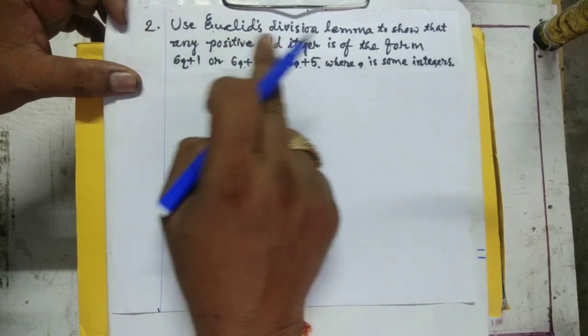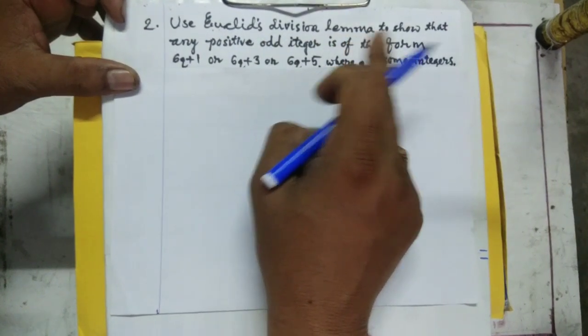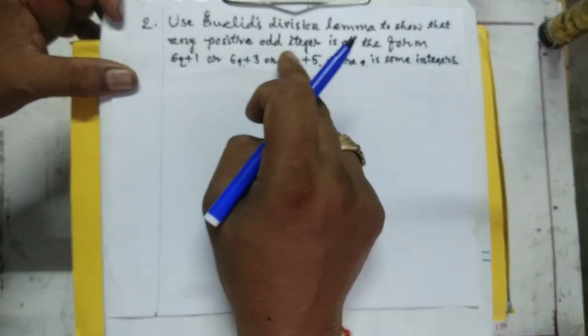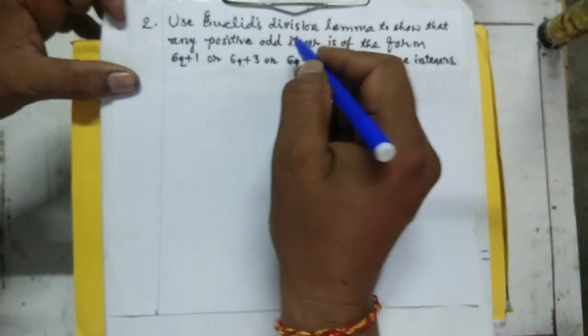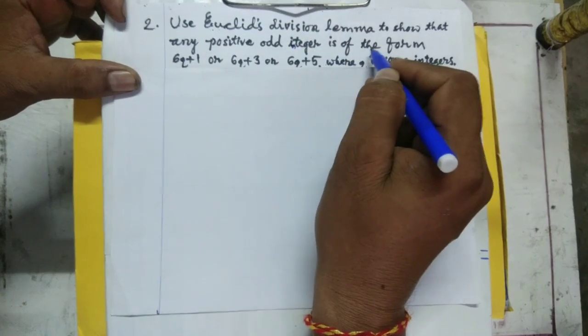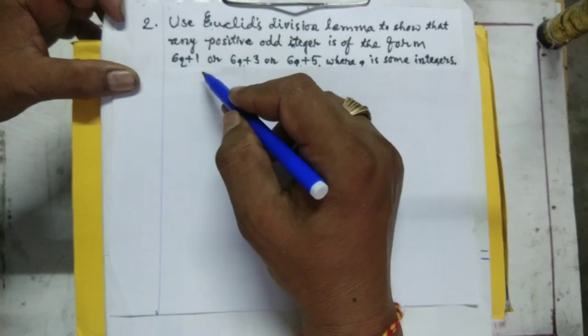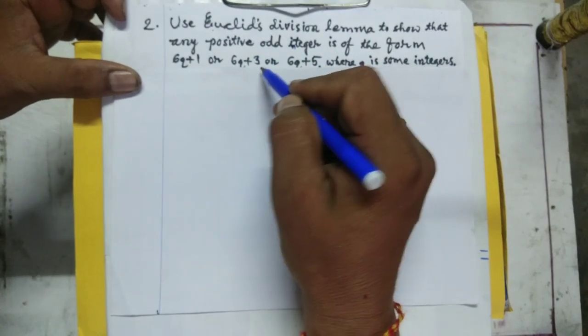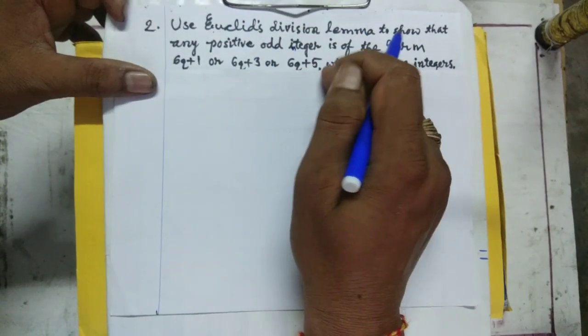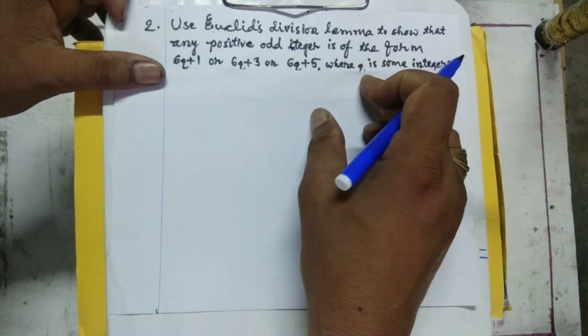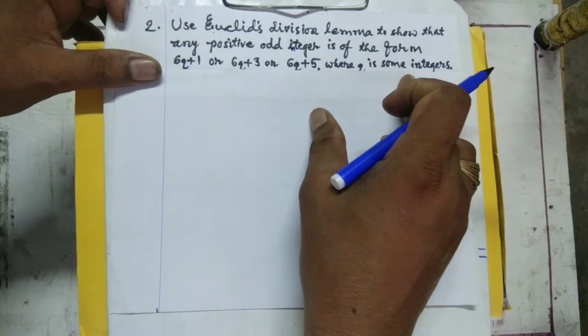Second problem, use Euclid's division lemma to show that any positive odd integer is of the form 6q plus 1 or 6q plus 3 or 6q plus 5, where q is some integer.